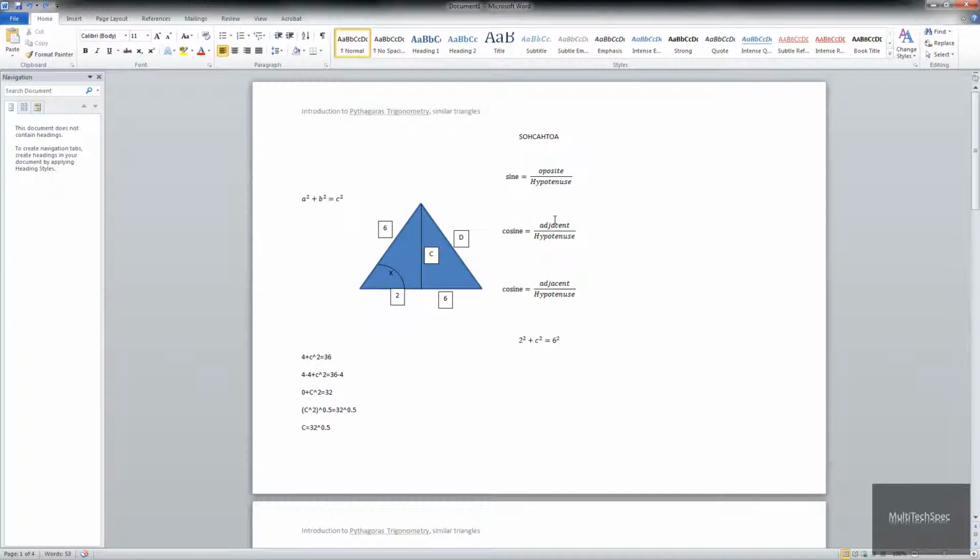Okay, so you have sine is equal to opposite over hypotenuse. Now the hypotenuse is the longest side. The opposite side is the side which is opposite the angle. So in this case, that would be C. The hypotenuse in this case, you could take it from either side as being 6 or D, because it's always the longest side in a right angle triangle.